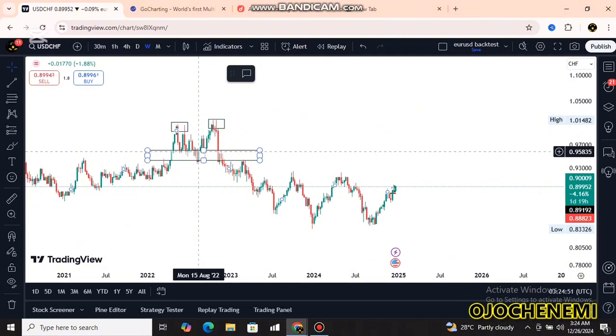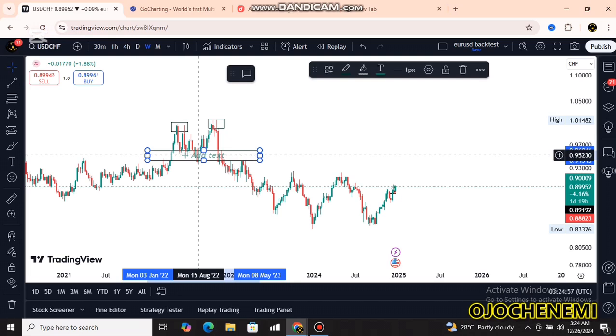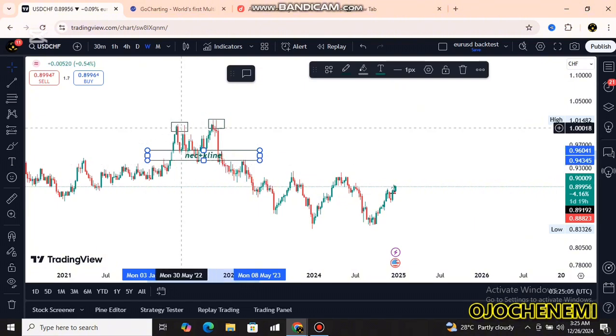Then it came back down and retested this neckline. So here is the neckline. I'll do well to write it so we'll understand what I'm trying to tell us here. Here is the neckline.